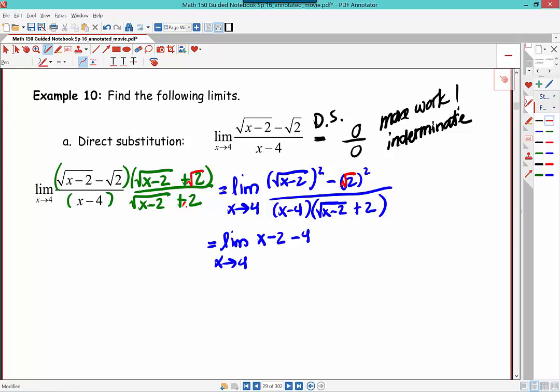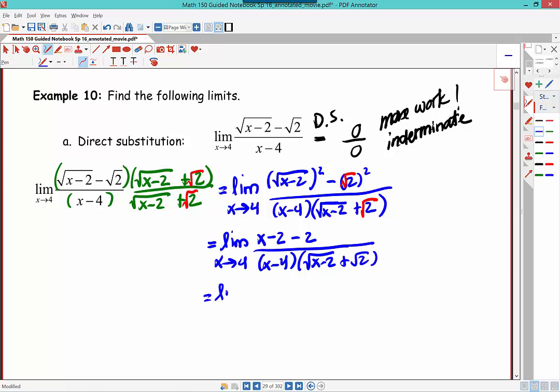This should be all root 2's, right? Because of that root 2 in the problem. So it would just be x minus 2 all over x minus 4 times root x minus 2 plus root 2.